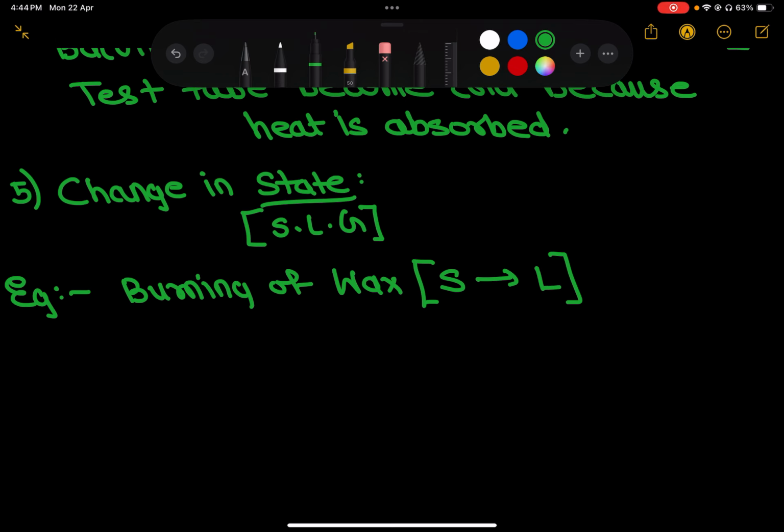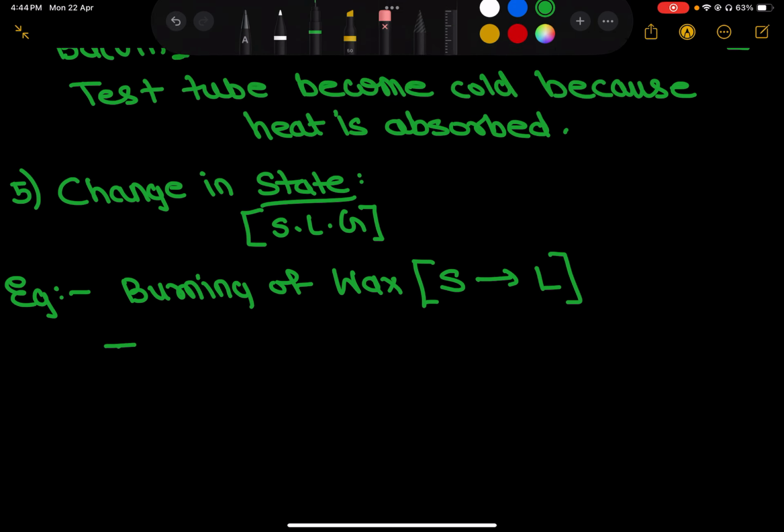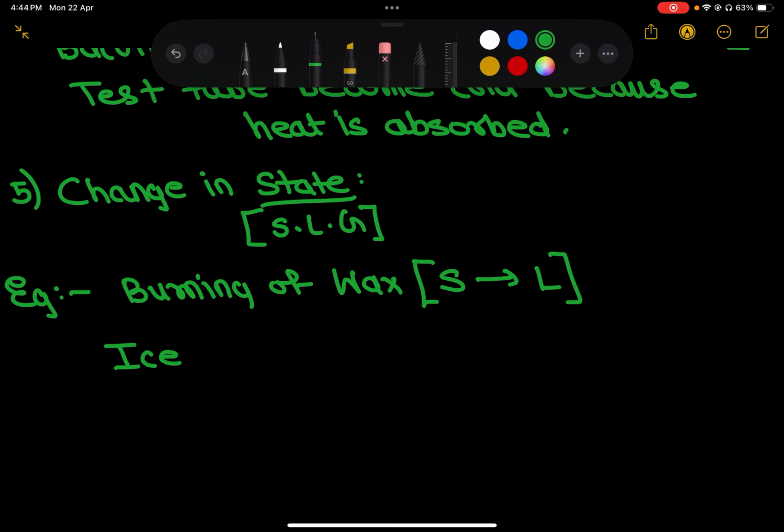Well, the solid changes to liquid, doesn't it? So a chemical reaction has taken place, but with change in state it is not always necessary that a chemical reaction has taken place. For example, a contradicting example: ice turns to water. This is not a chemical change, it is a physical change because it can be interchanged.